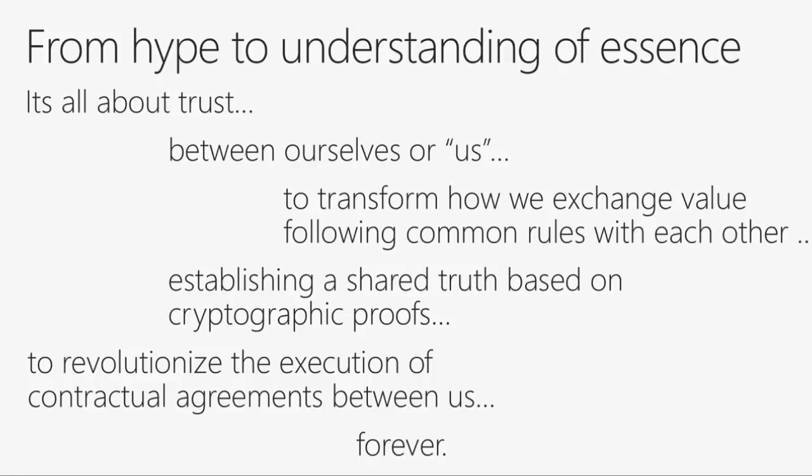If you start to share one truth that is cryptographically authentic, that everyone agrees on, you can begin to speed up transaction times, remove risk from ecosystems, whole sets of capabilities. So it's all about trust.